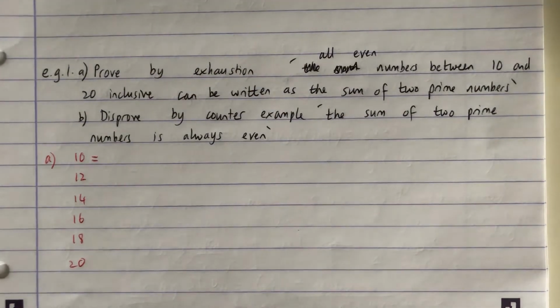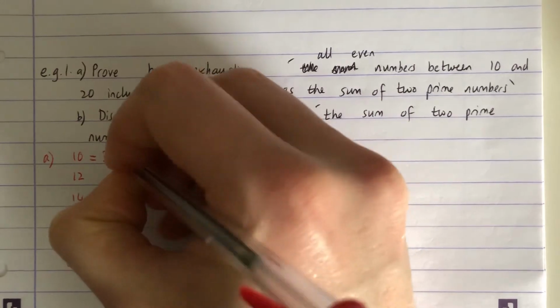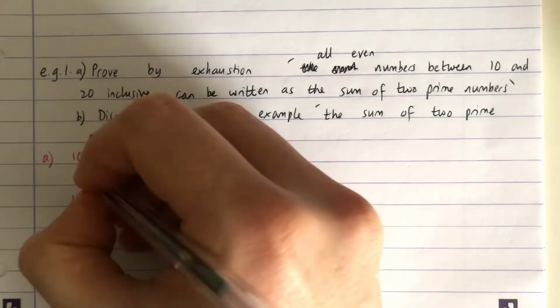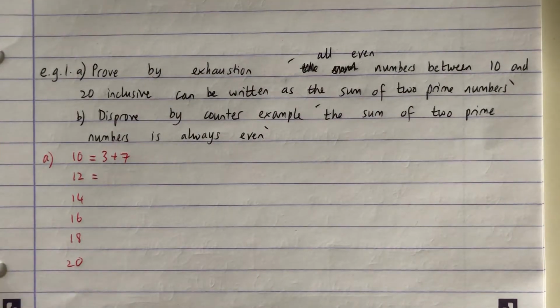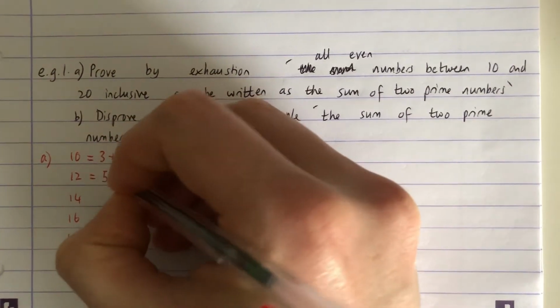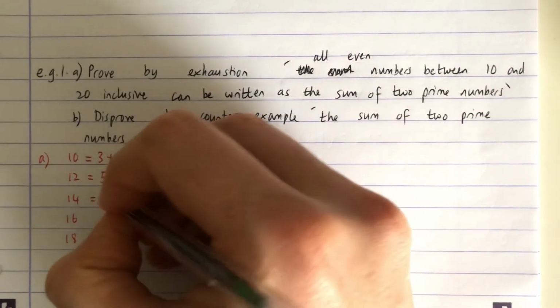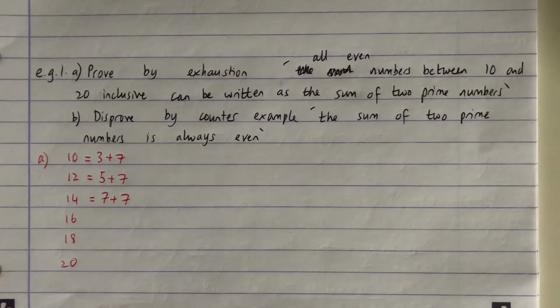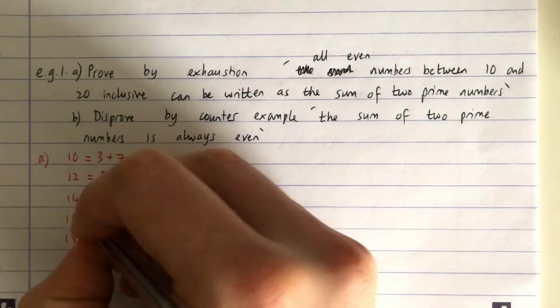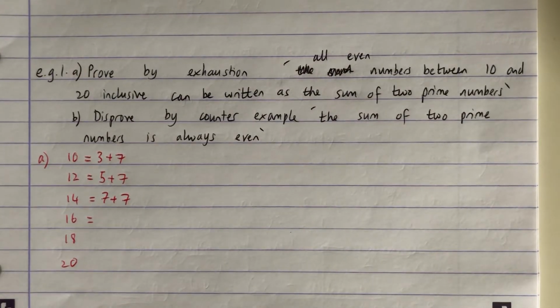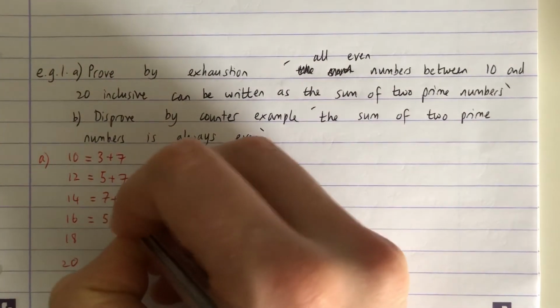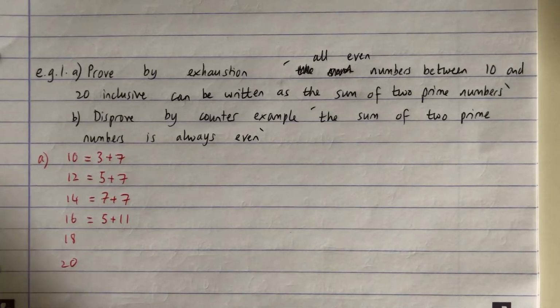So 10 could be written as 3 plus 7, two prime numbers. 12 could be written as 5 plus 7, two prime numbers. 14 could be written as 7 plus 7, doesn't have to be different prime numbers. 16 is the same as 5 plus 11, two prime numbers.